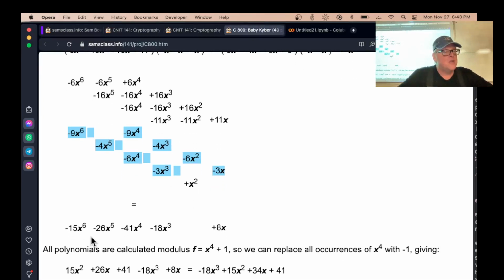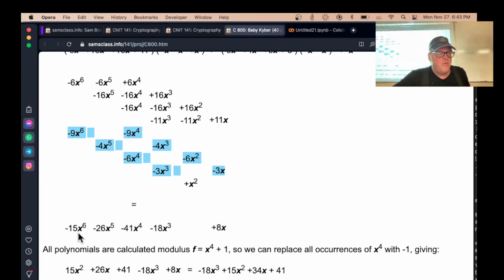Now, it's 6th order. Now, the polynomial, the whole expression, is calculated modulus f, and you set f to x to the 4th plus 1. And what that means is x to the 4th is going to be minus 1 in that modulus. So you can take these high-order terms that contain x to the 4th and higher, and you can take out an x to the 4th and make it minus 1.